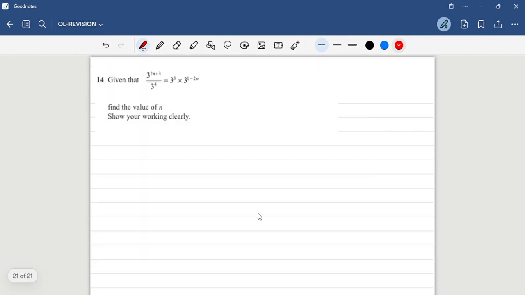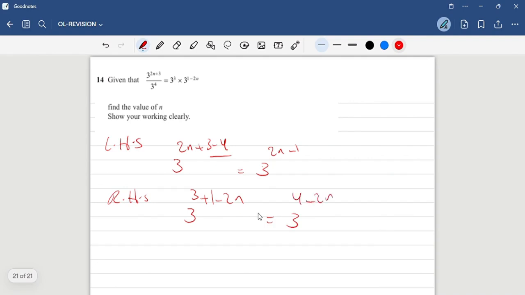The first thing, as long as I have the same base 3 for the left hand side, and it's divided, I will subtract the powers, so it will be 2n plus 3 minus 4, which is equal 3 to the power 2n minus 1. Now for the right hand side, as long as it's multiplied, I have to add the powers, so it will be 3 plus 1 minus 2n, which is equal 3 to the power 4 minus 2n.